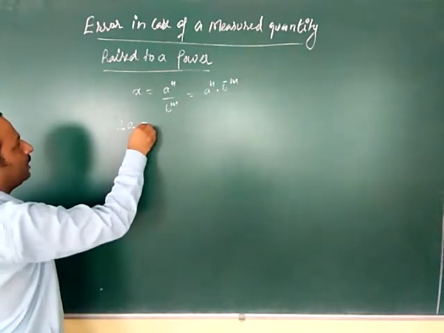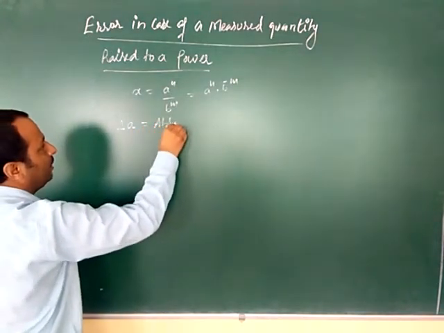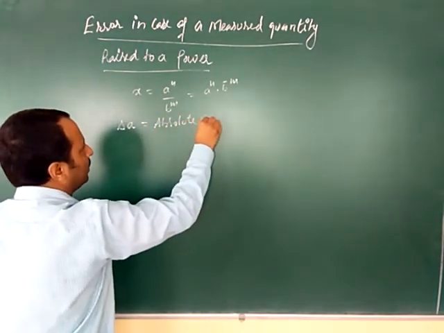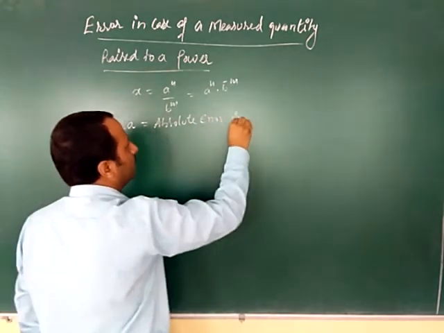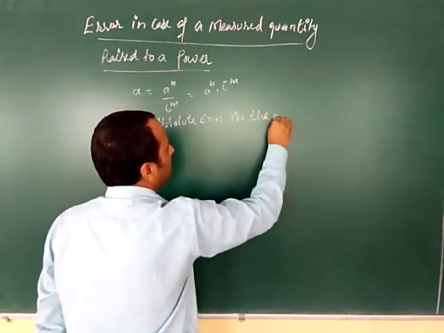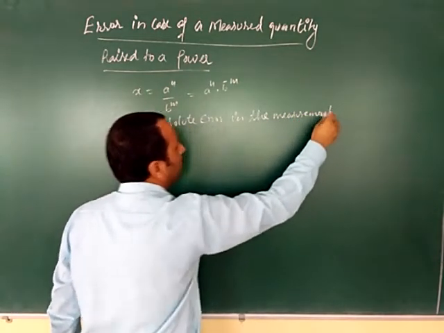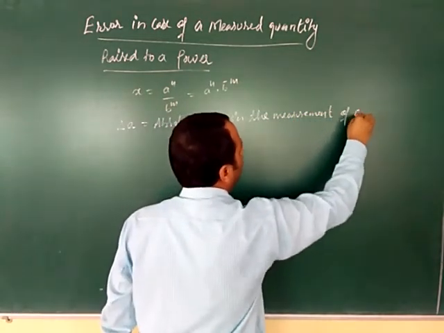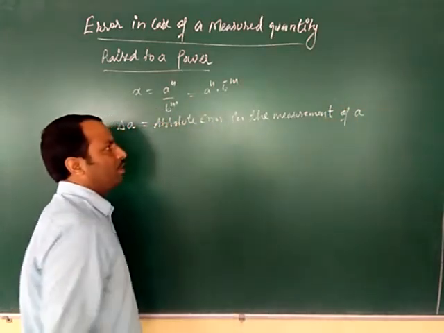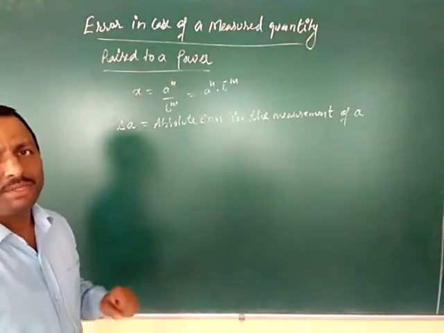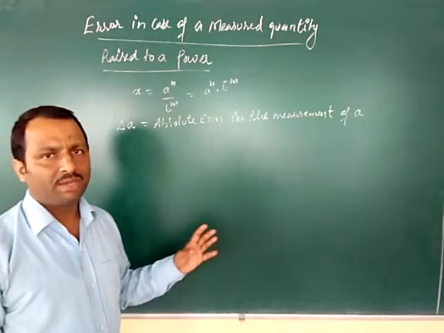So, delta A is the absolute error in the measurement of A. In the previous lecture also, delta A means the absolute error. There I have written error.